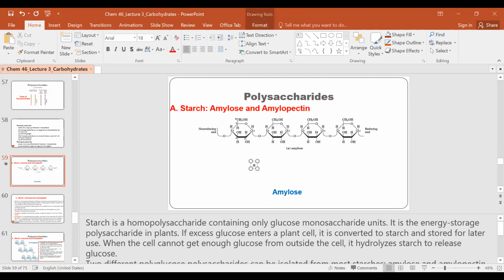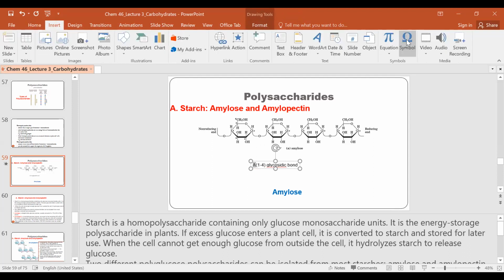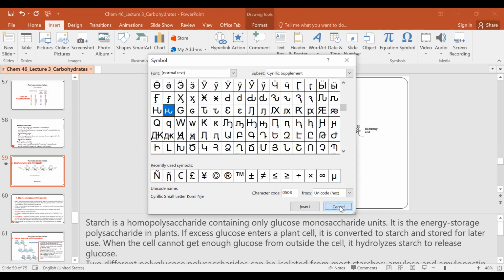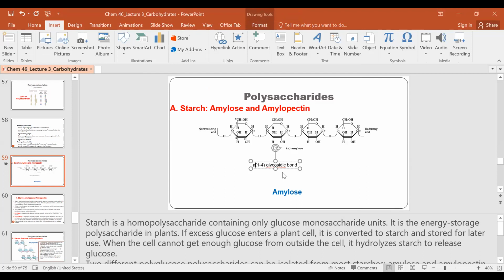You have the alpha 1,4 glycosidic bond, which is glucose.